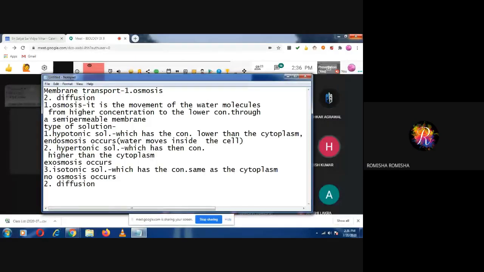So you can write down that it is the movement of solid, liquid or gas molecules from higher concentration to lower concentration.